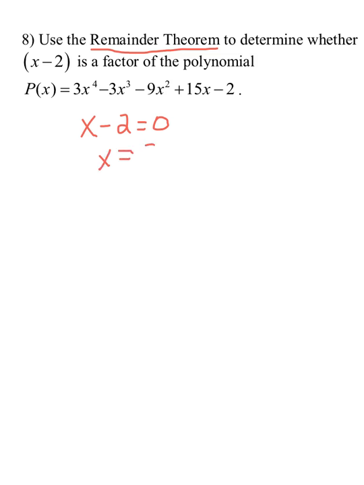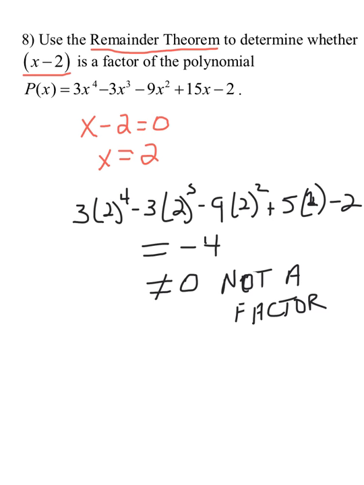And this value for x, 2, is what you're going to plug into your function to determine whether or not this particular factor, x minus 2, is a factor for this polynomial. So we're going to go ahead and plug the positive 2 in and then see what happens.